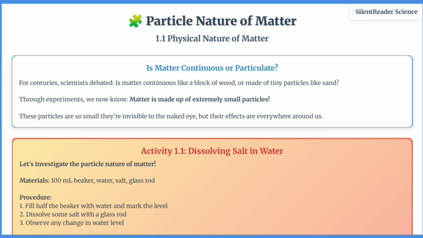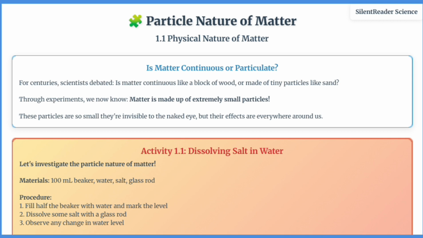Let's begin with the fundamental question: what is matter made of? For centuries, scientists debated whether matter is continuous like a block of wood or made of tiny particles like sand. Through experiments like dissolving salt in water, we now know that matter is made up of extremely small particles.